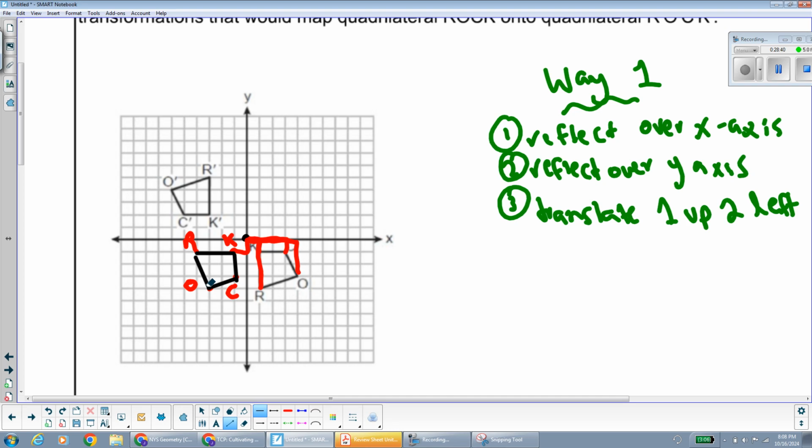Okay, so there we have after a 90-degree rotation. And now I'm going to rotate again to make 180 degrees. And I'm going to rotate again centered at the origin.